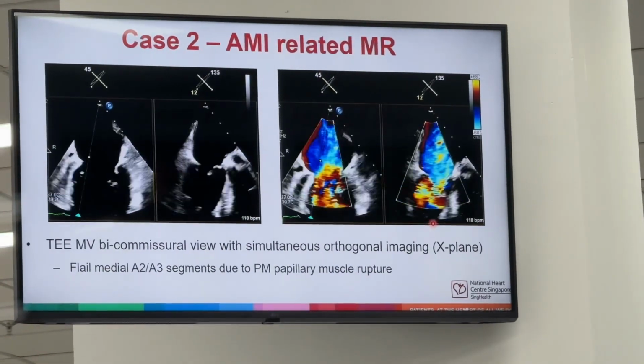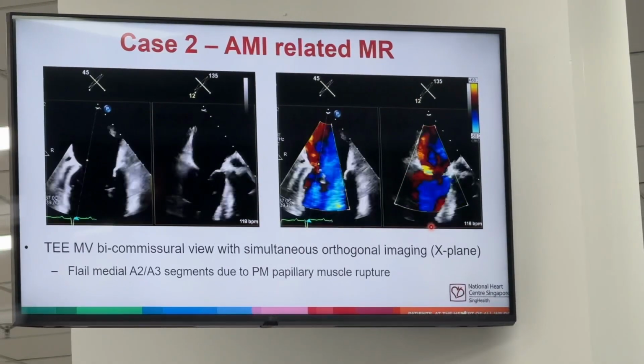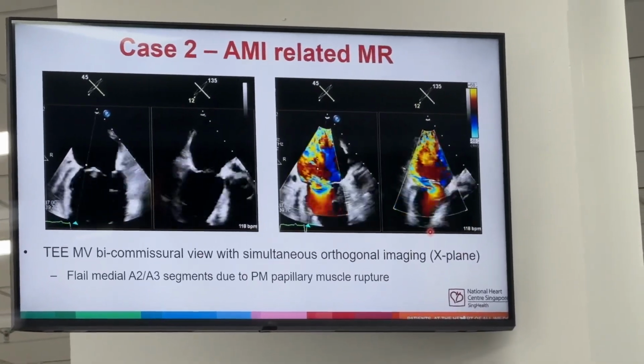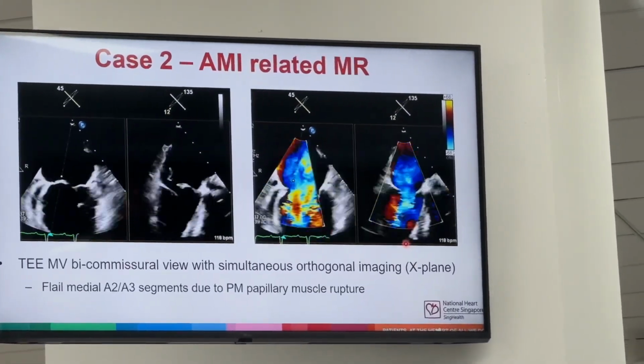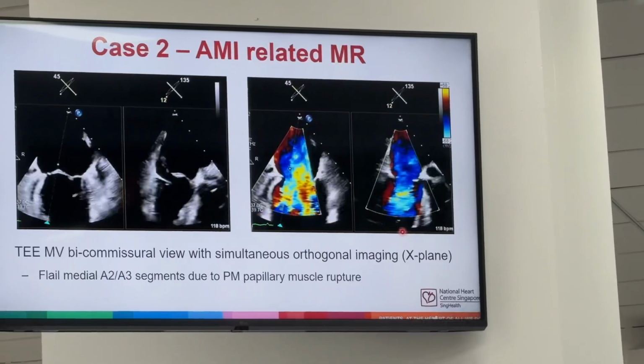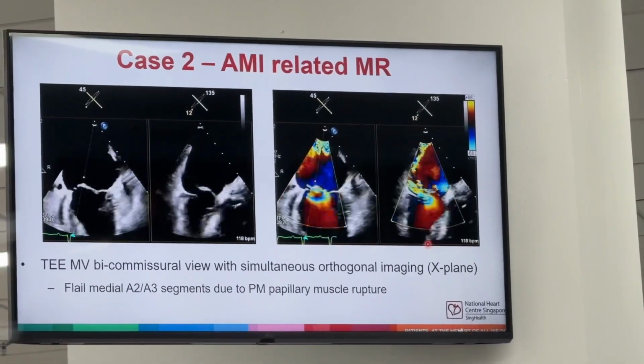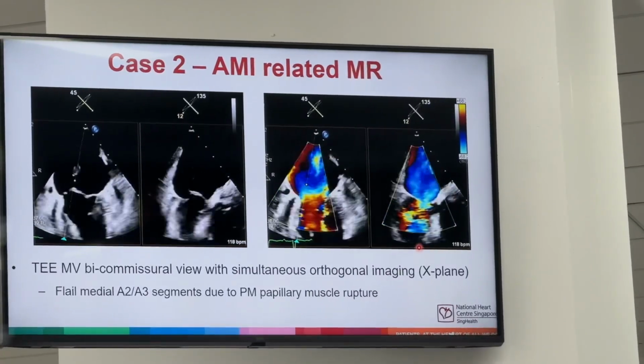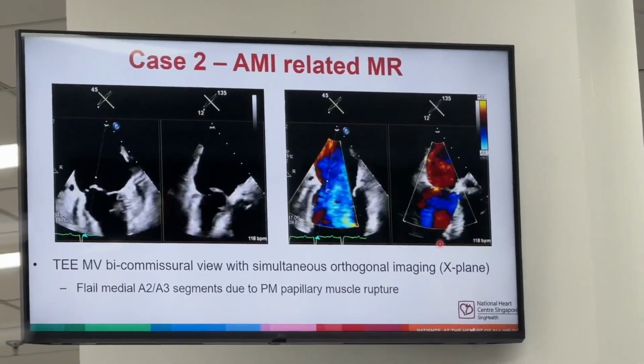So this is the transesophageal imaging. Intraoperatively, this patient was brought to the theater emergently for a mitral valve intervention. What we can see here again is mid-esophageal TEE at a bicommissural view with simultaneous orthogonal imaging.